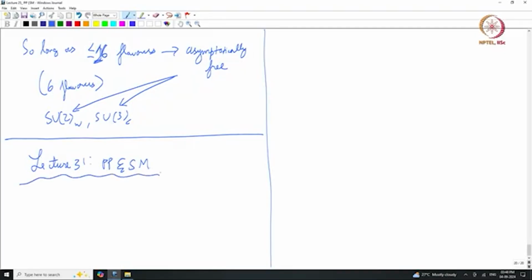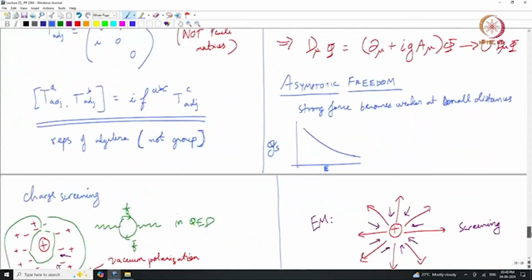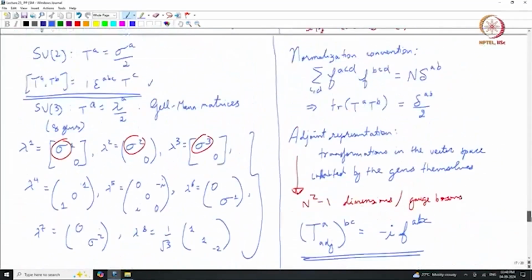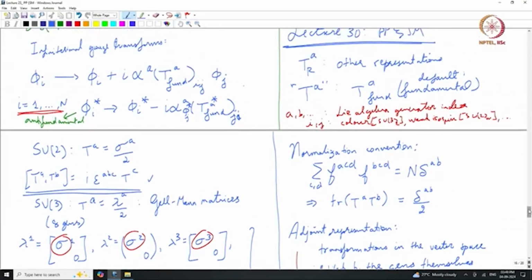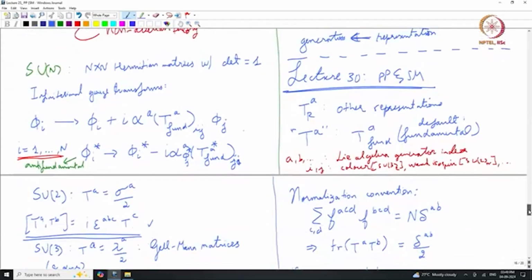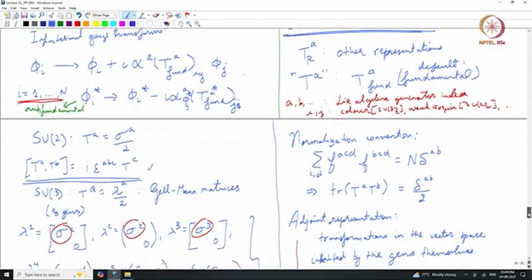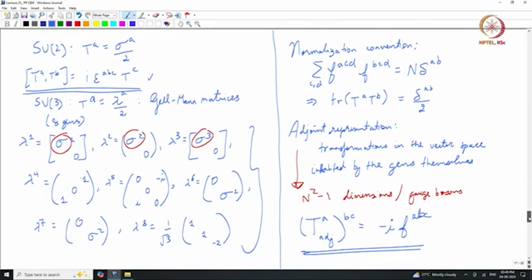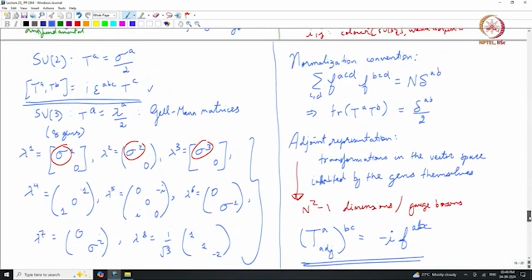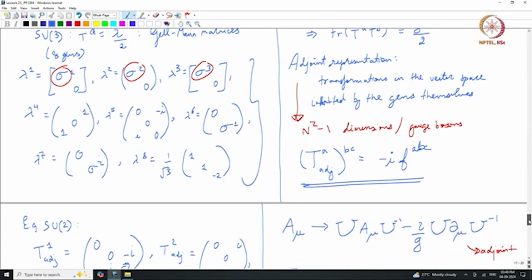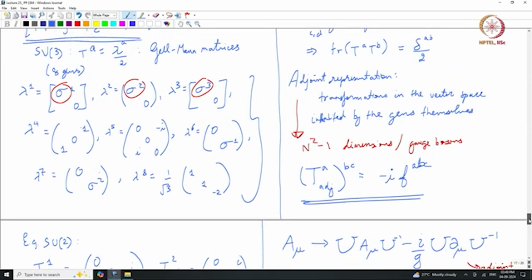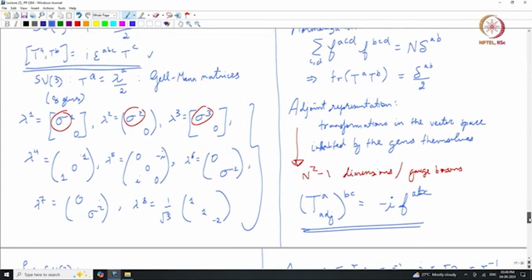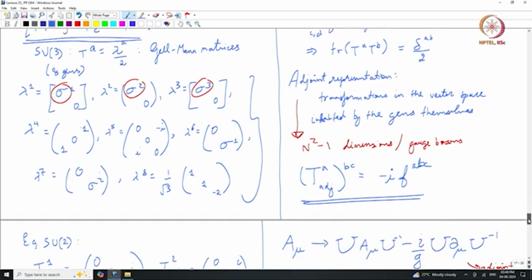And in the last class, we saw what we really meant by an adjoint representation and where this notion of the number of gauge bosons being equal to the number of generators came from. So we defined it a bit formally. In particular, we saw that the adjoint representation is when you have the transformations of the group elements in the vector space inhabited by the generators themselves.